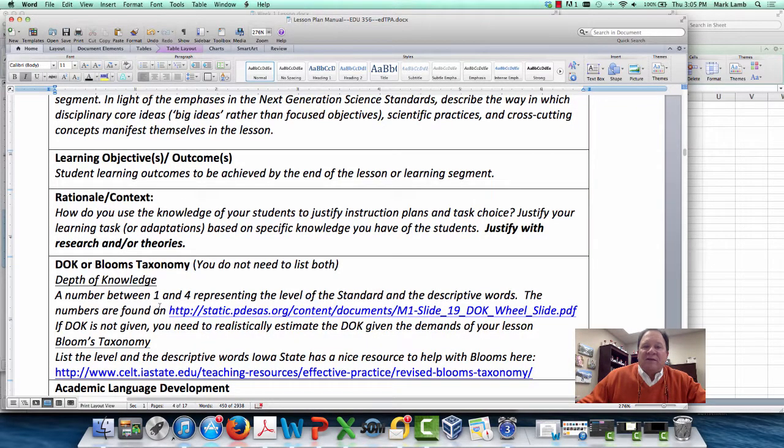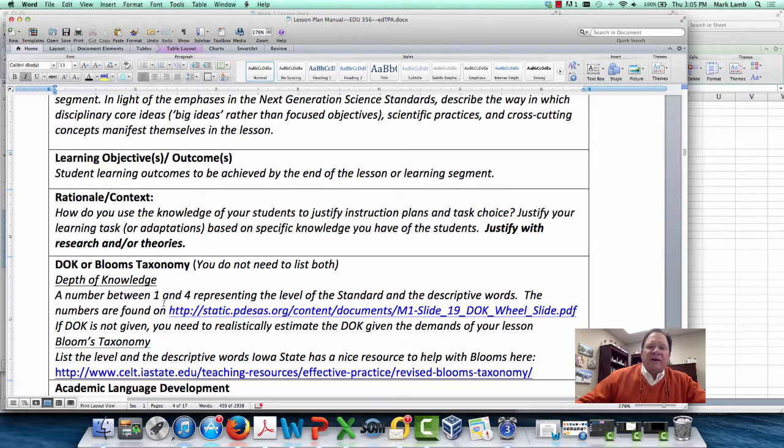Hopefully your context for learning can help you with that. Maybe previous lessons that have been done in the class by your field experience teacher have led you to make the choices that you made. That's fine. You're using the context that your students are in to make those decisions. So that's what we're looking for here.